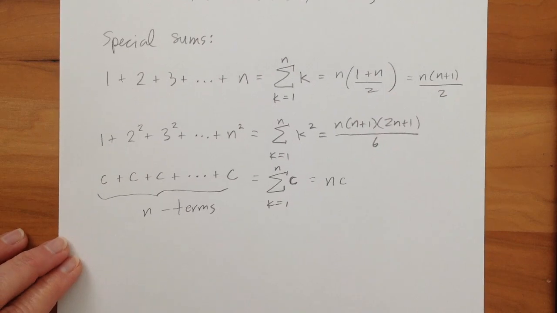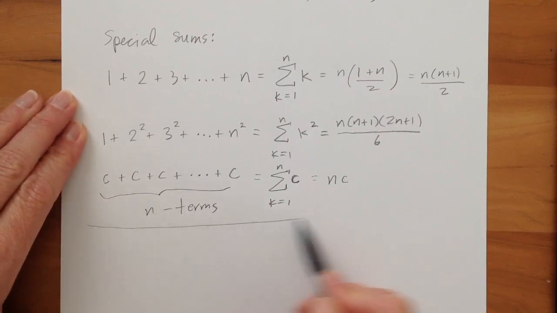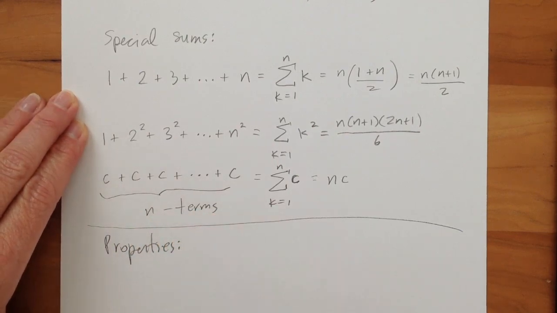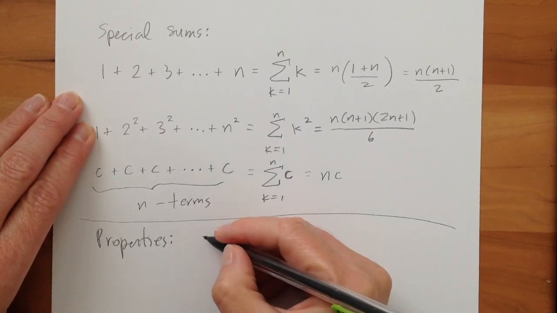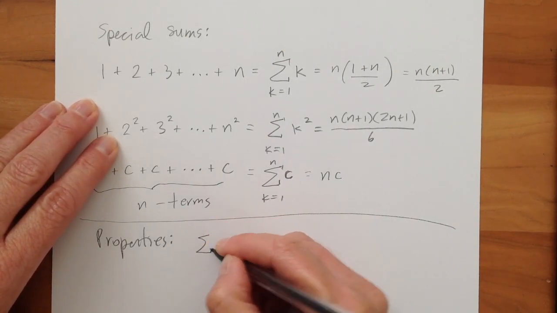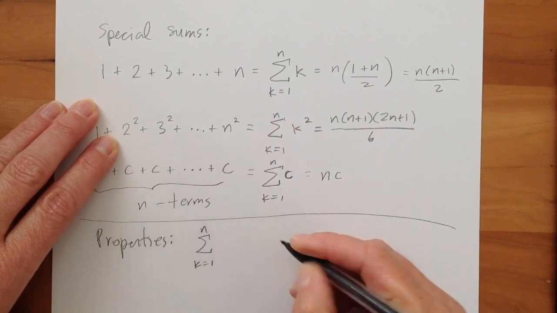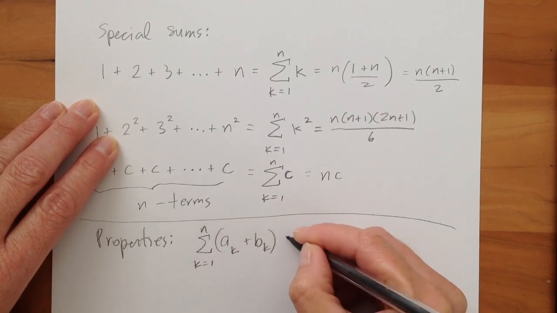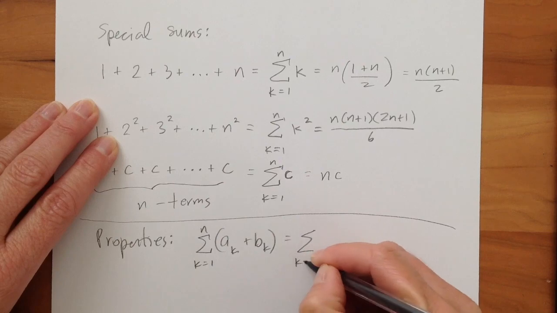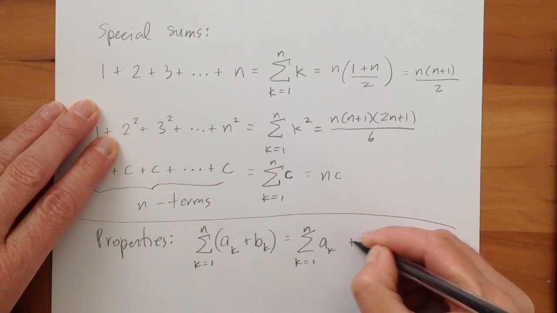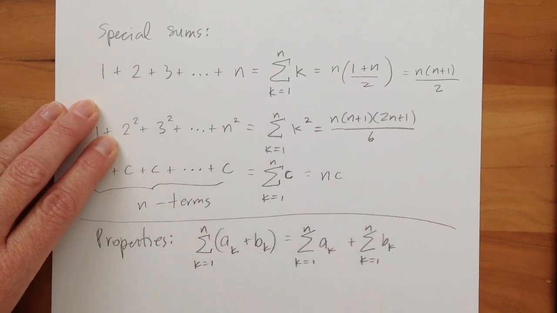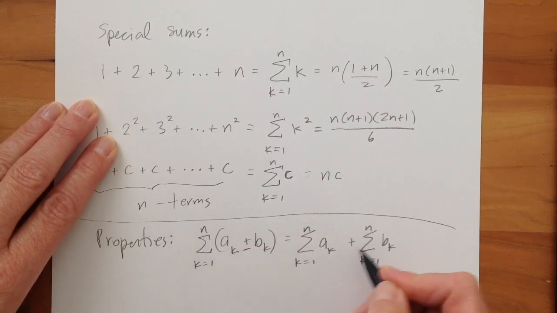All right, so just a couple properties in summation notation. If I have the sum k equals 1 to n of a sub k plus b sub k, it's just going to be the sum as k goes from 1 to n of a sub k plus the sum as k goes from 1 to n of b sub k. And the same is true if I subtract.